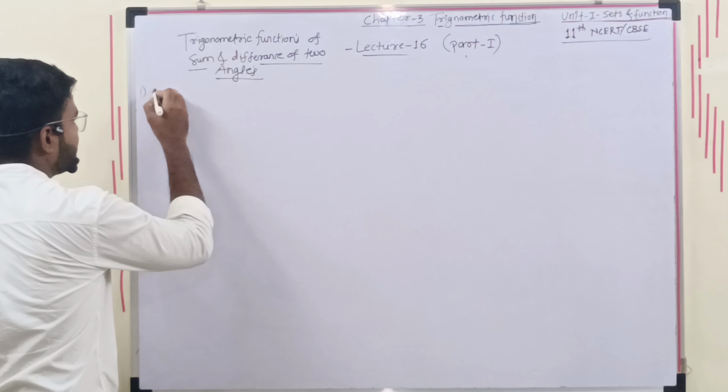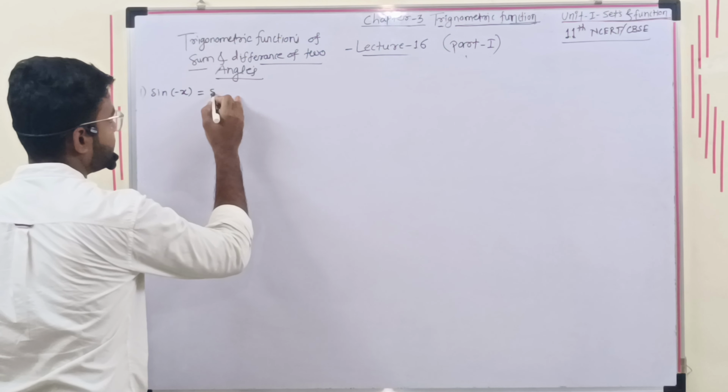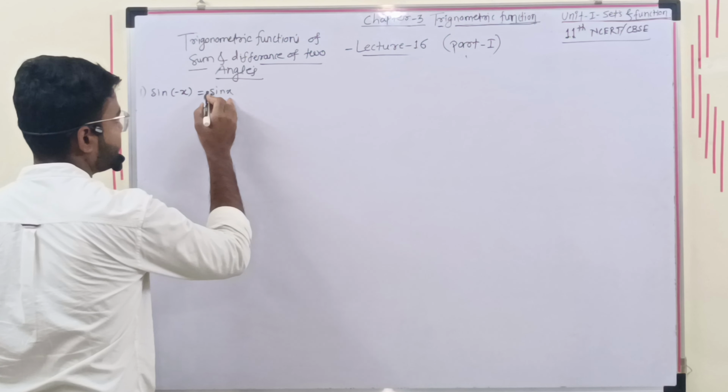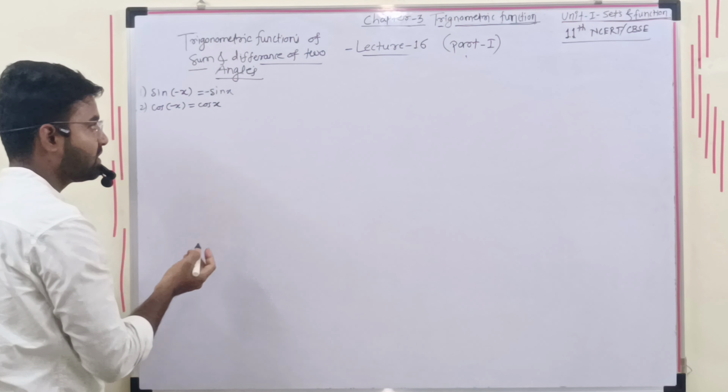Number one, sine of minus x is equal to minus sin x, since it is an odd function. Cos of minus x is equal to cos x, since it is an even function.